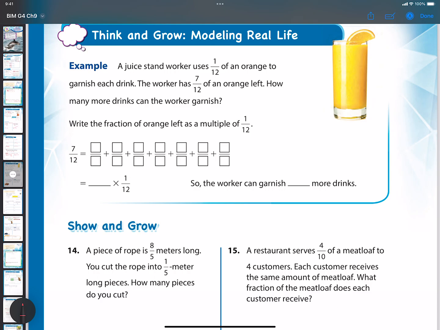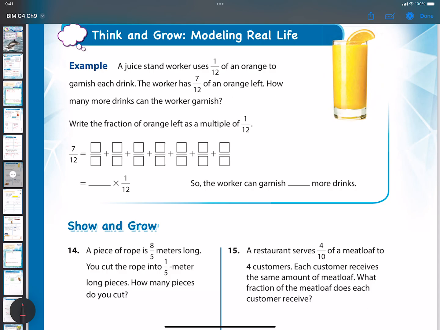Okay, example. A juice stand worker uses 1/12 of an orange to garnish each drink. The worker has 7/12 of an orange left. How many more drinks can the worker garnish? Write the fraction of orange left as a multiple of 1/12.